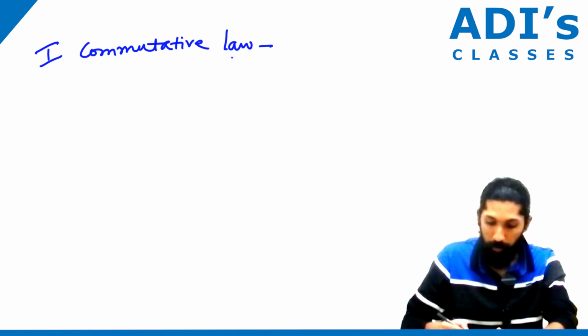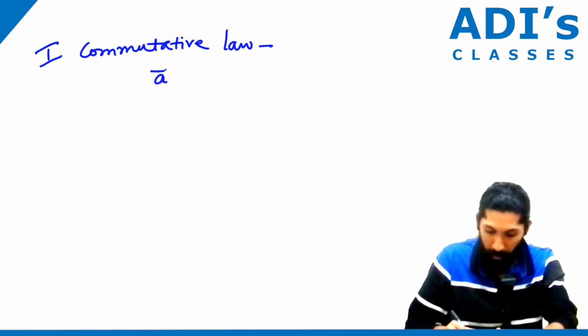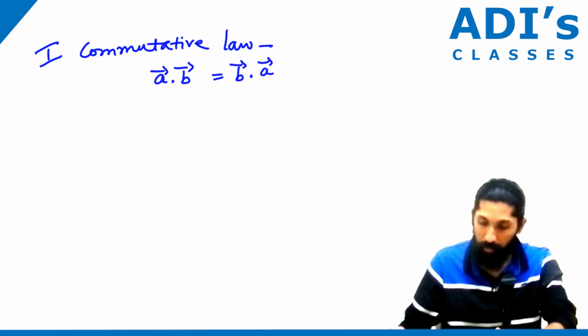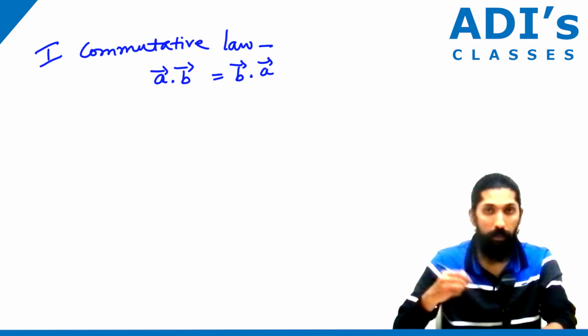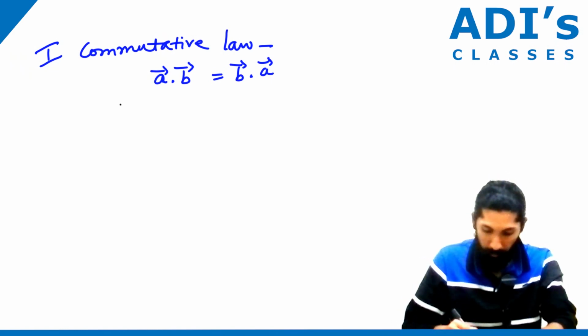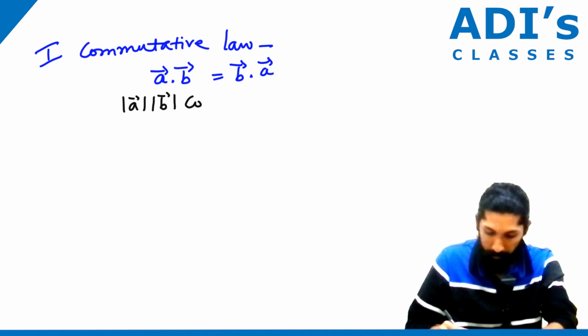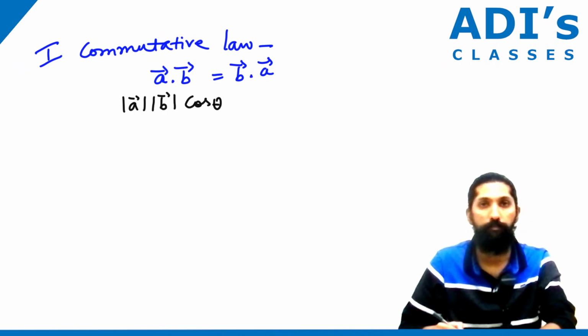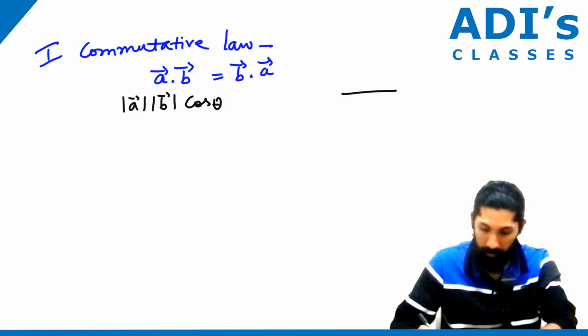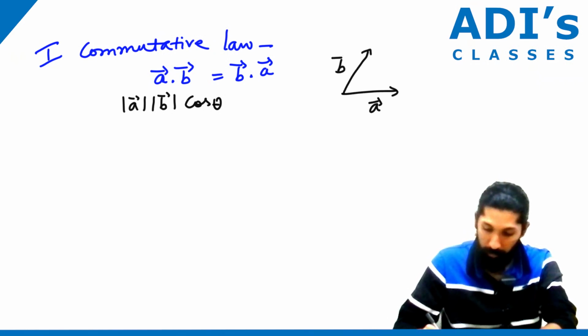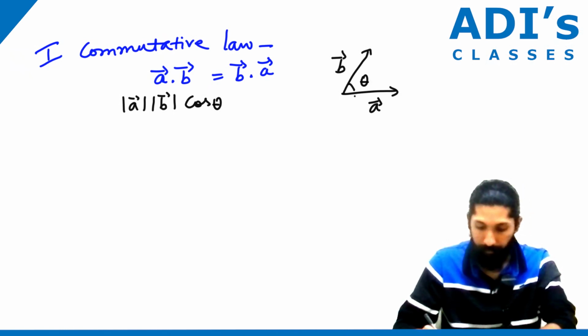Commutative law talks about vector A dot vector B is equal to vector B dot vector A. You can think about it like this. Vector A dot vector B is mod of A into mod of B into cos theta. Correct? Now look at this one. Suppose this is A and this is B, and this is angle theta.